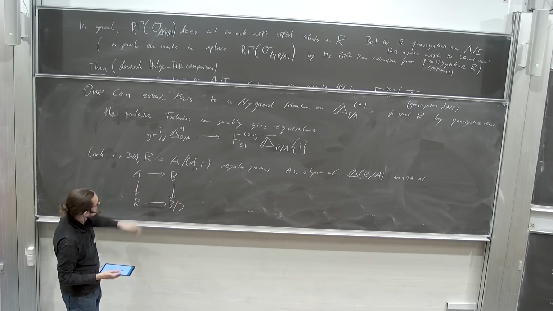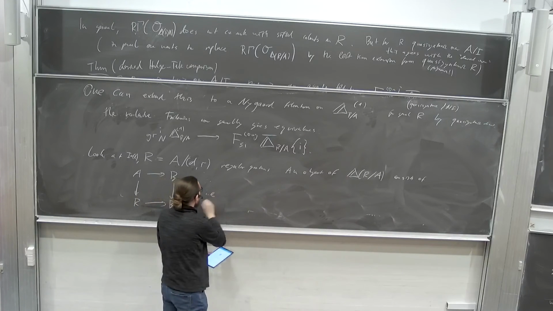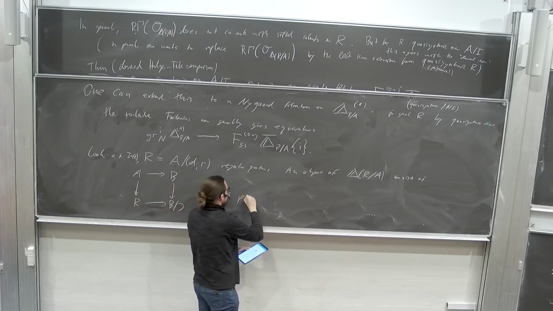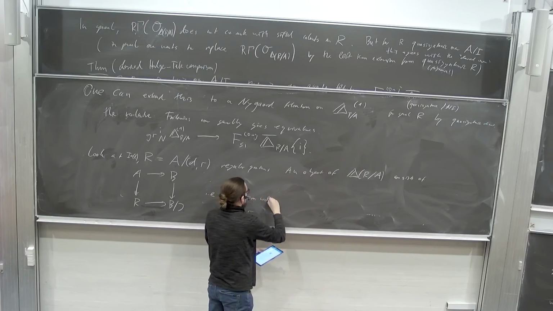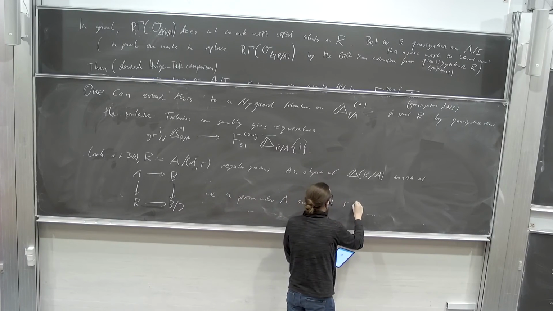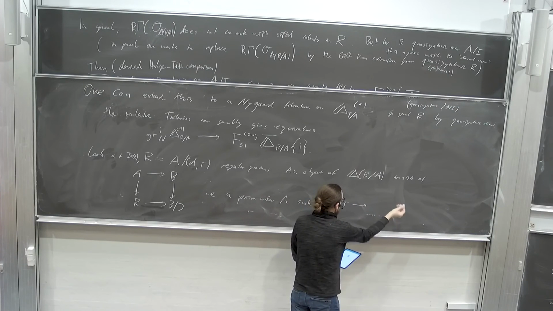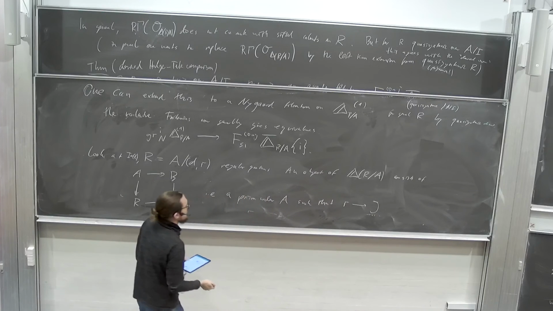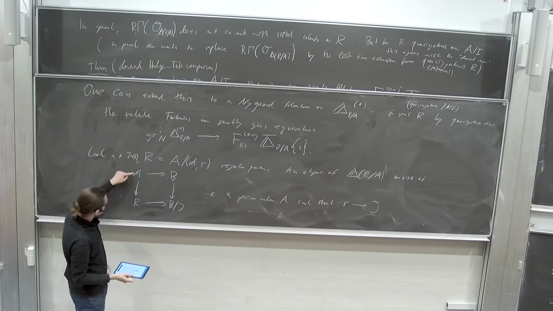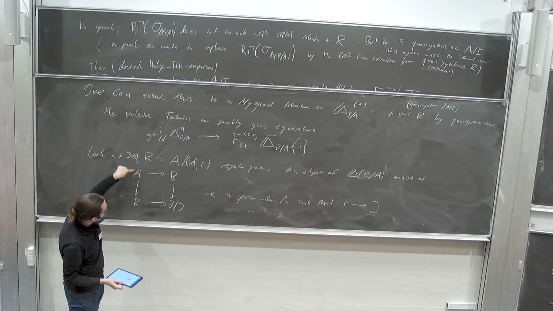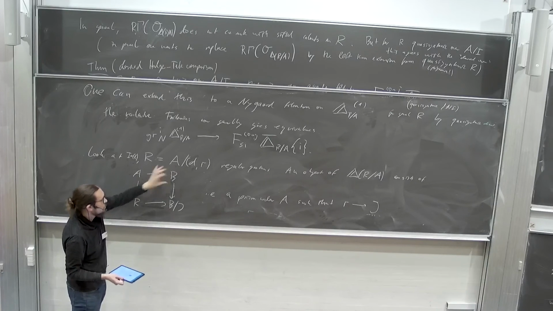And the condition is that we have a prism under A such that r gets mapped into this ideal J, because that's what you need in order to factor through this surjection. You need that the element r becomes 0 over here, so it ends up in the kernel there.